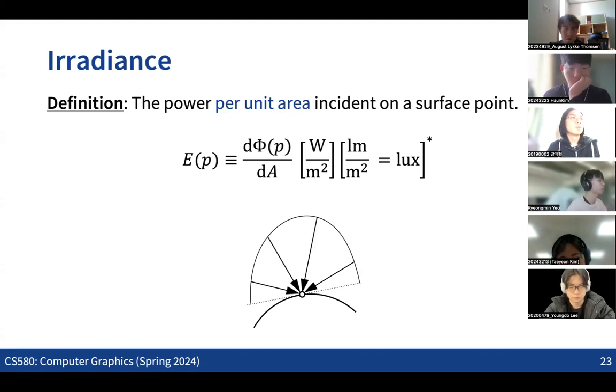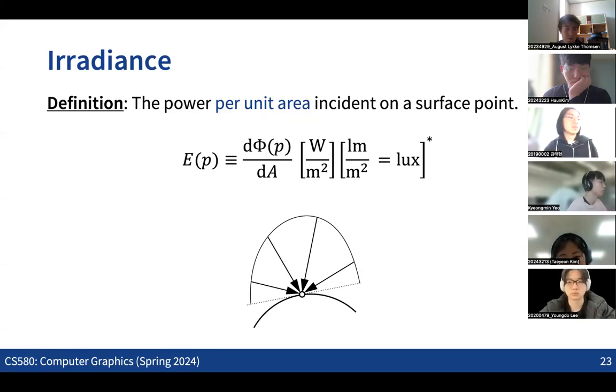So we're going to compute this in terms of the amount of light arriving at the same point over some 3D space from all the directions. The light can come from all different sources, or even from the reflections from many other objects. So this is the quantity that we define as the power per unit area.